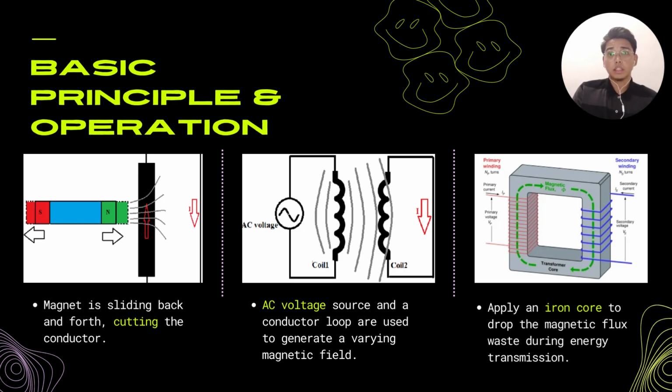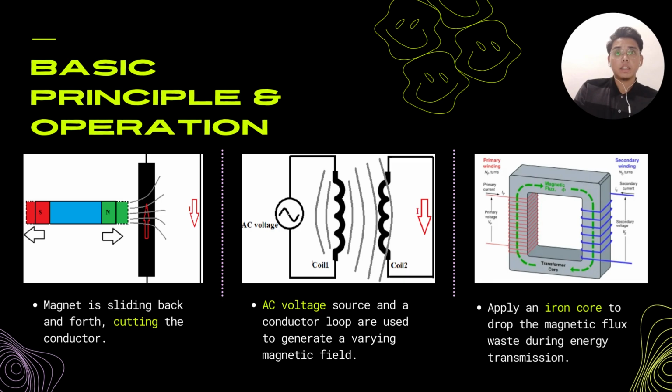Due to this induced EMF, we can have a current flow I. The magnitude of the induced voltage is directly proportional to the field strength experienced by the secondary loop. So the greater the magnetic field strength, the larger the current flowing in the closed loop.